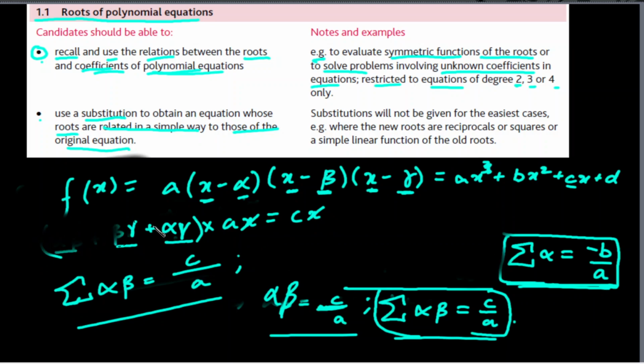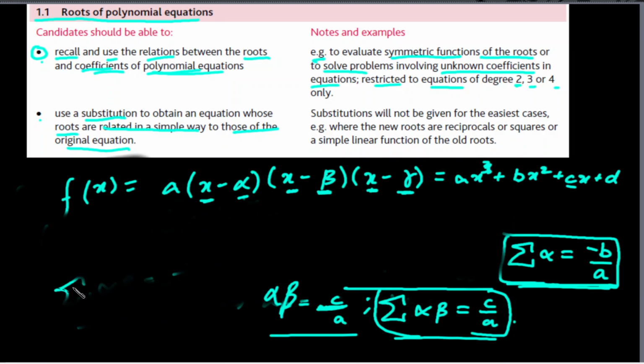Lastly, we'll be able to see now that there's a pattern going on. If you can see from this equation right here, we can predict that well, it's negative b by a. This is c by a. So the next one should probably be negative d by a, shouldn't it?